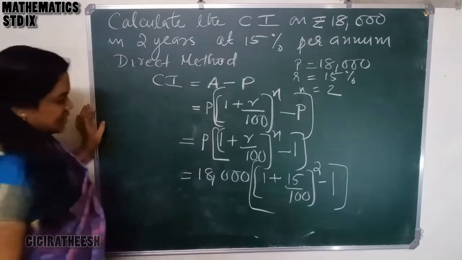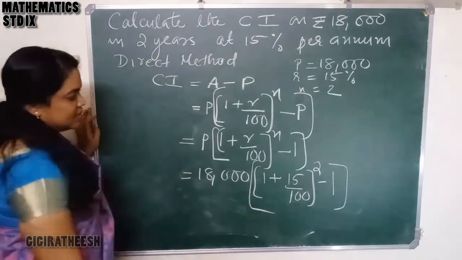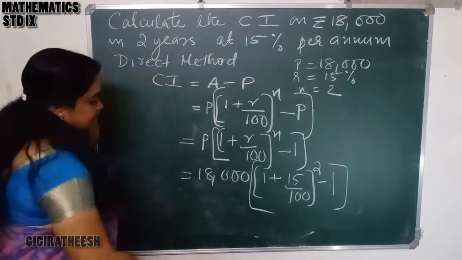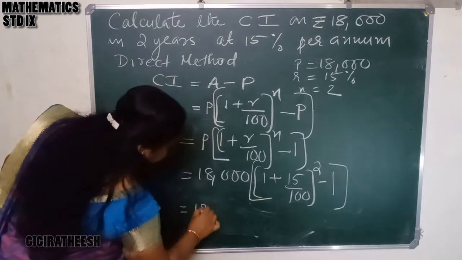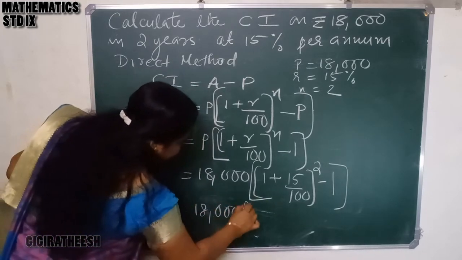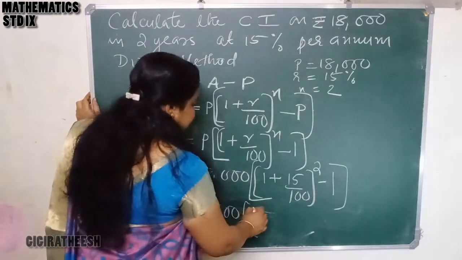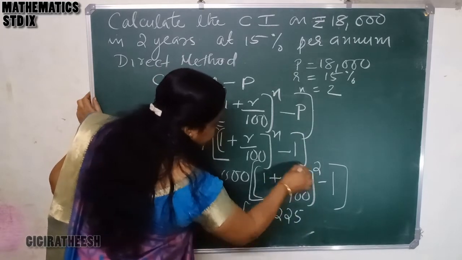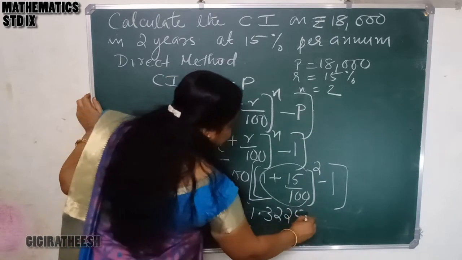That is 18,000 into 1 plus 15 by 100 the whole square minus 1. Taking the LCM, we get the value 1.3225 minus 1.